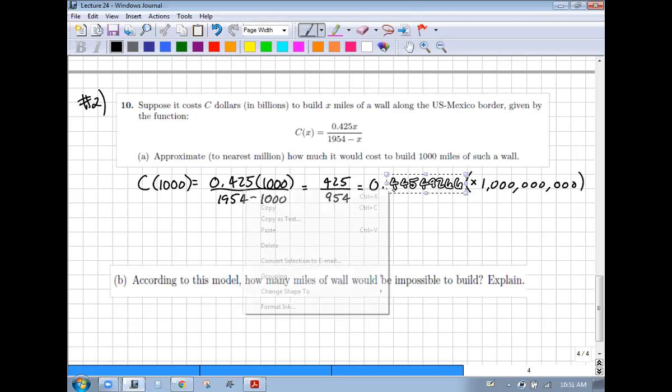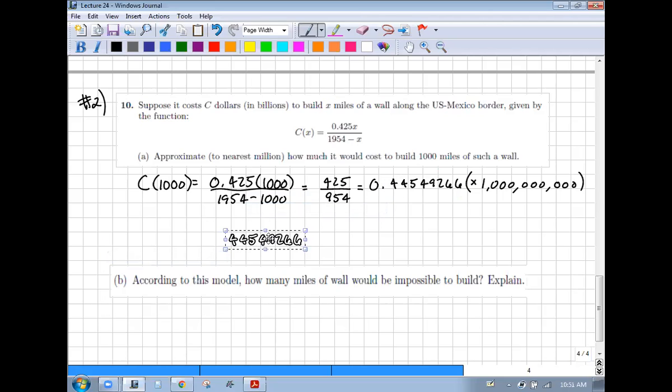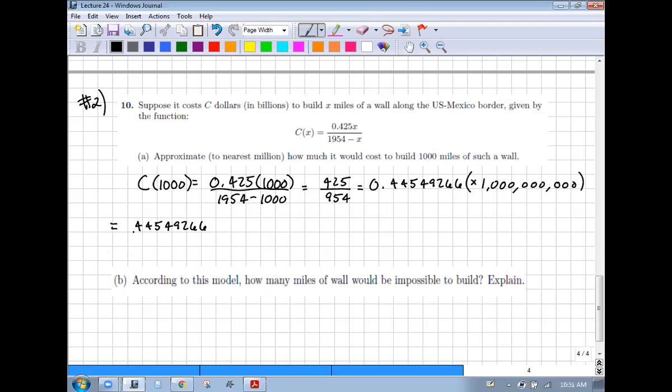I wonder if I have enough decimals here. 1, 2, 3, 4, 5, 6, 7, 8. No, I need another decimal. Hold on. 2, 6, 6, 2, and there are more decimals. It keeps going.